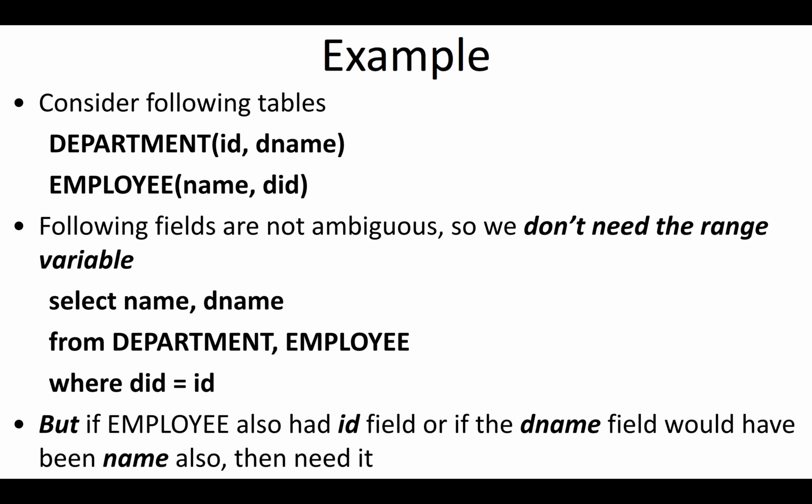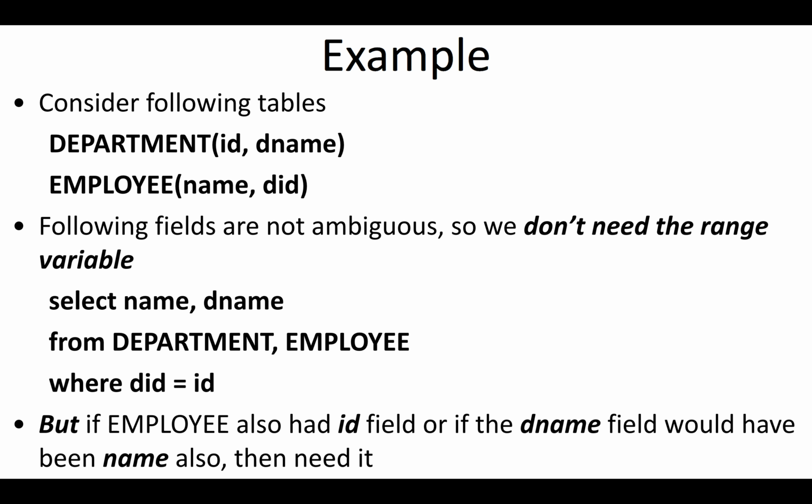Now, if you have multiple tables, maybe you have department and employee. Here, for instance, the department's primary key is ID, and the employee has name and ID. If employee and department had the same field name, where the employee has a name and the department has a name, then you would have to prefix the name of the table.